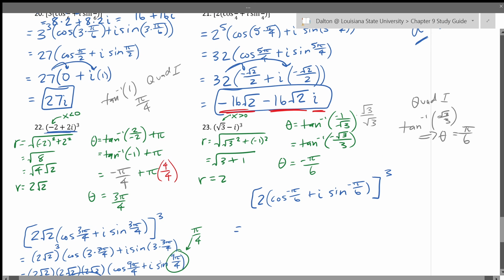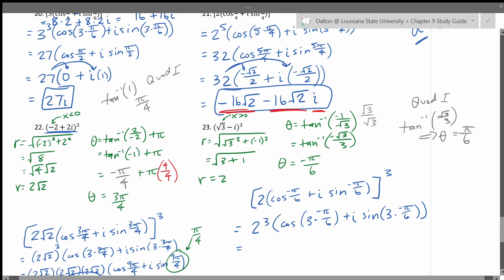Okay. So de Moivre's theorem says we're going to raise this 2 to the third power times the cosine of n times theta, which will be 3 times negative pi over 6. Kind of looks like a double negative. Negative pi over 6 plus I times the sine of 3 times negative pi over 6.